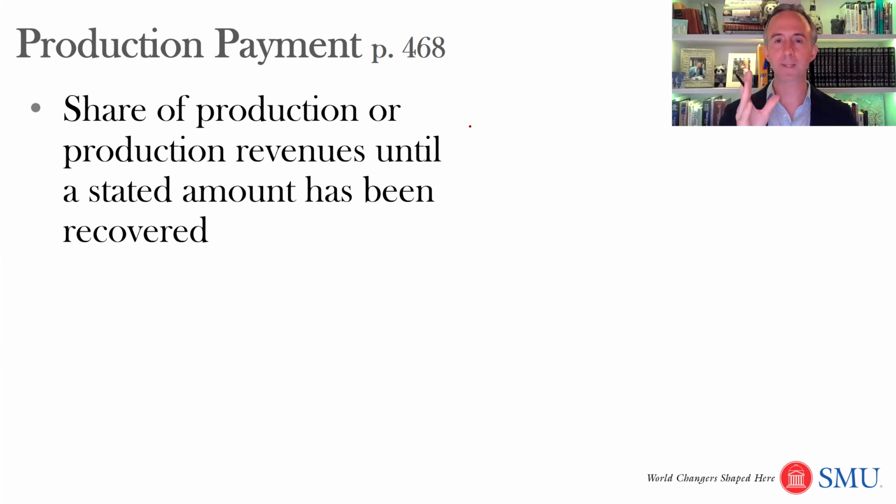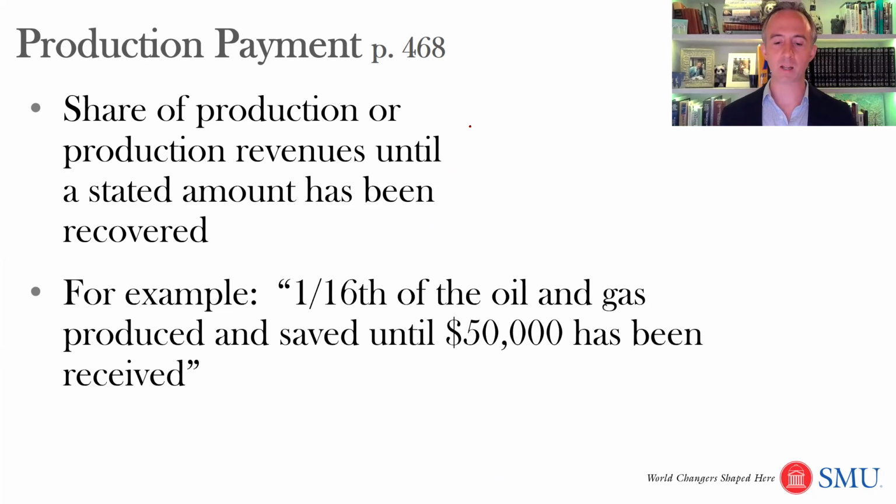So in this Harris and Smith's case, it was a $64,000 amount. Another example would be you get an extra 16th of the oil and gas produced and saved until 50,000 has been received. Okay, so clear why that looks like a bonus because it's a sum certain. What's the argument for it being a royalty?